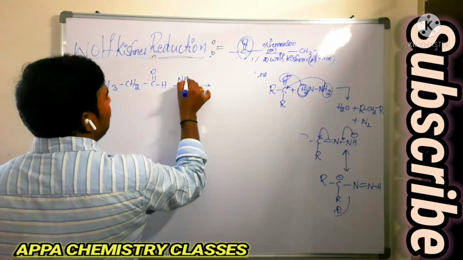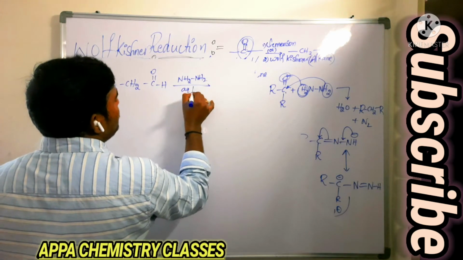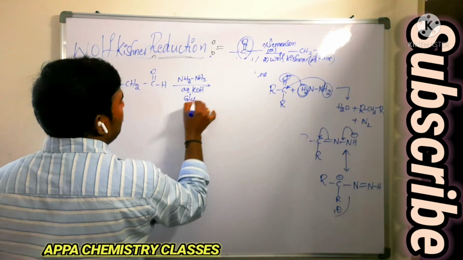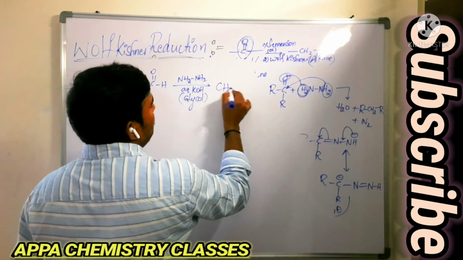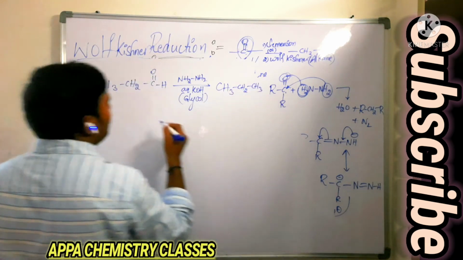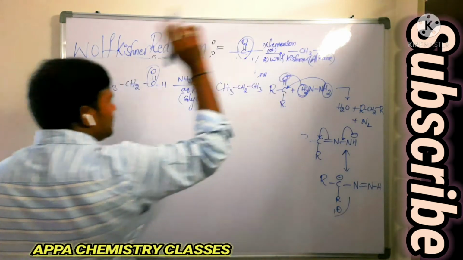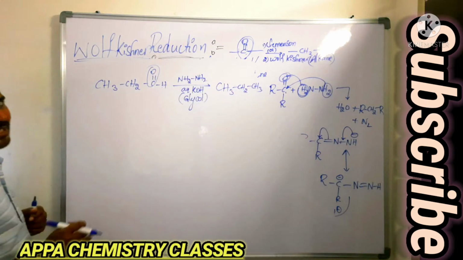When it reacts with hydrazine in the presence of aqueous KOH and ethylene glycol, we get propane. Here the carbonyl carbon is replaced by CH2, and with one more hydrogen that becomes a CH3.